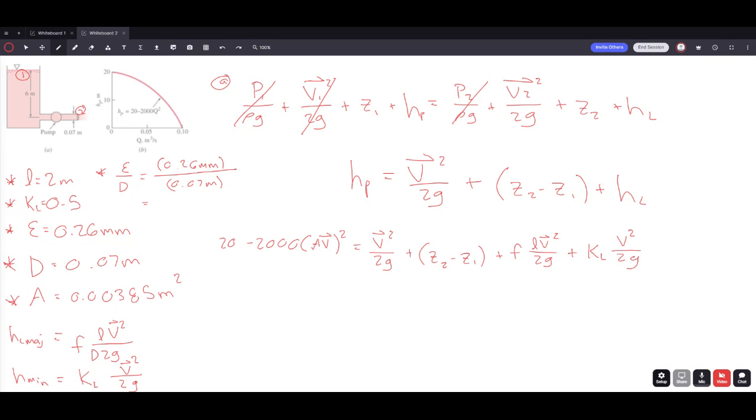That gives a friction factor of roughly 0.027. I think that's everything I need. Yeah. Okay, cool.